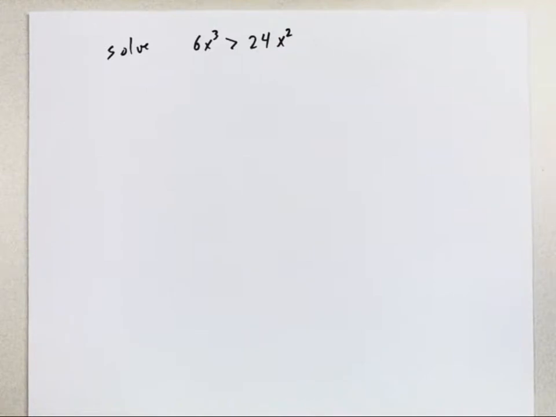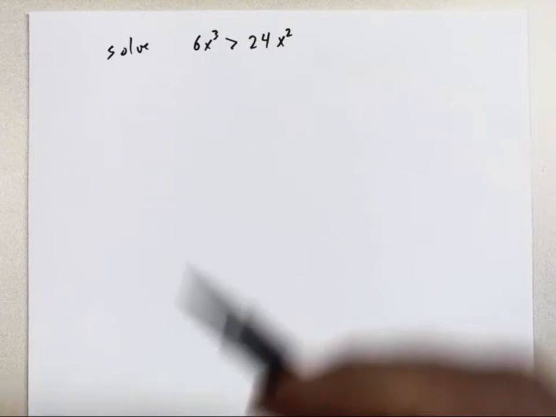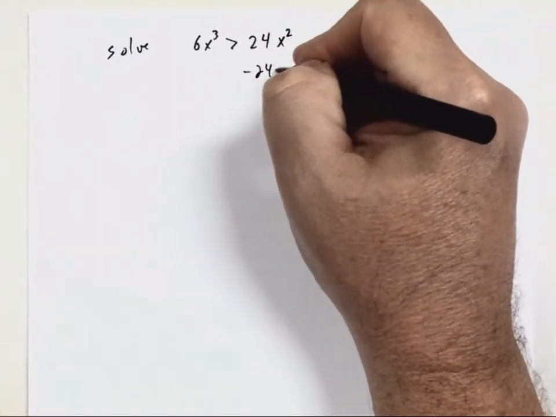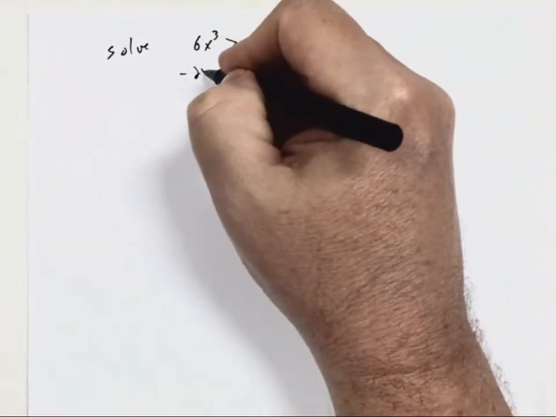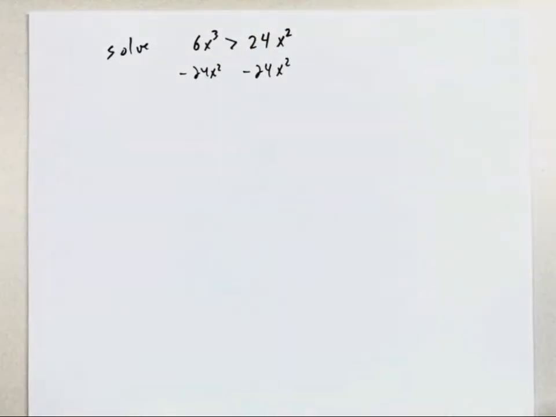It asks me to solve 6x cubed greater than 24x squared. In order to solve this, the first thing I have to do is to get one side equal to 0. So I'm going to subtract 24x squared from both sides.